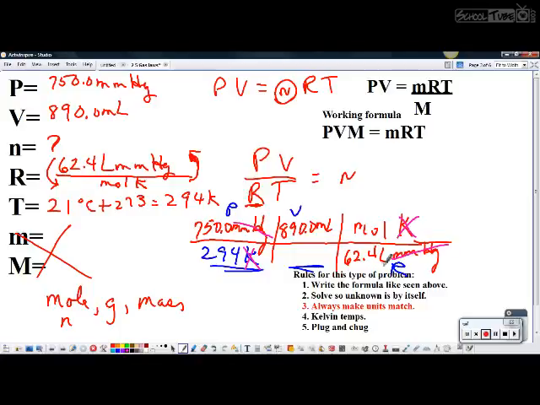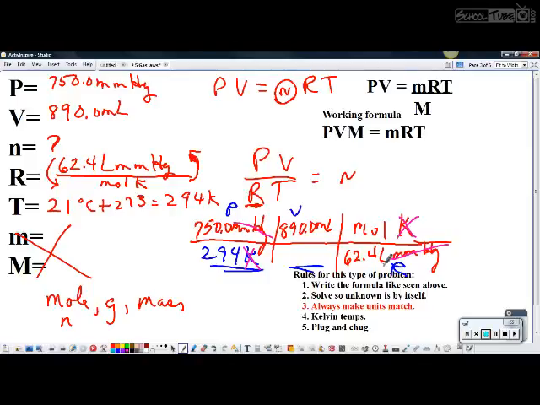So I did this on purpose because this is a teaching point. If I forget to change my unit to liter, when I start canceling my units, I can see I have a mistake. If I don't ever cancel my units, then I just keep that mistake, and I have a mistake all the way through, and a big time deduction when I can eliminate that by canceling out some units.